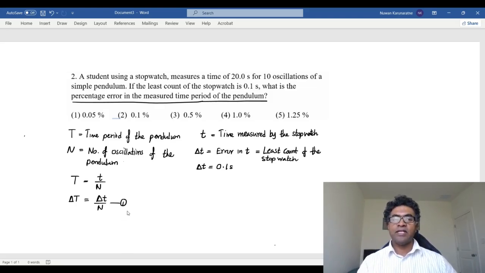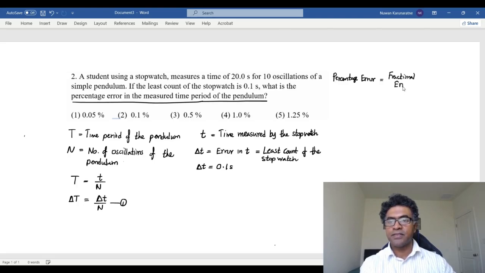Now I'm going to define what the percentage error is. Some of you might not remember from your classes what percentage error is, so I'm going to define that. The percentage error of a measurement is given as the fractional error of that measurement multiplied by 100%.